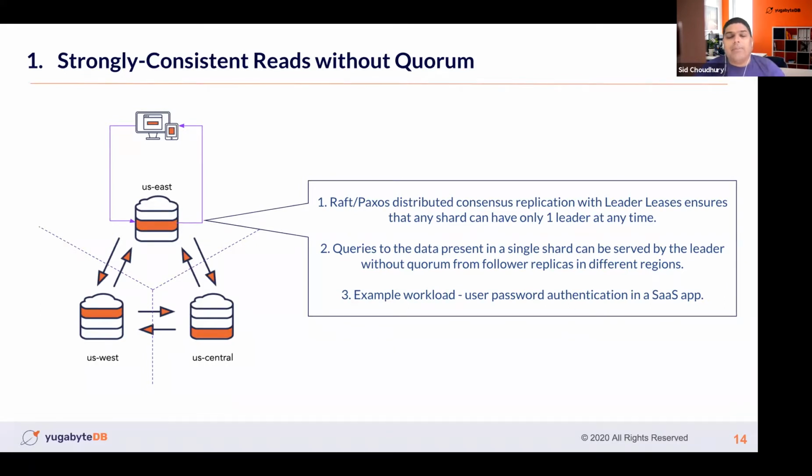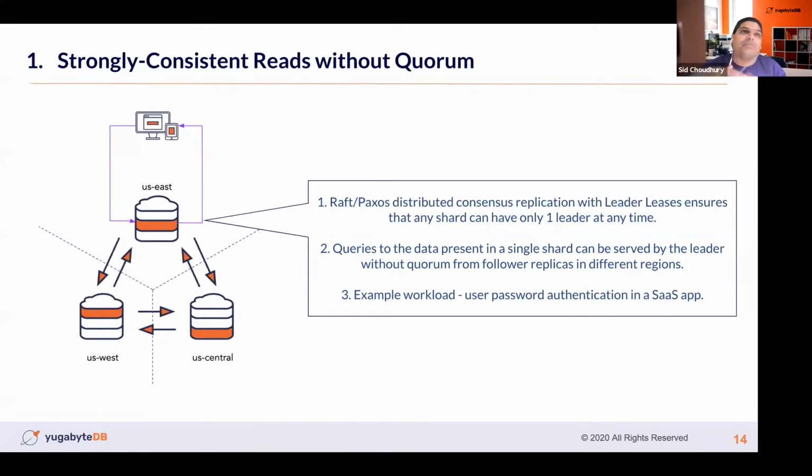And with concepts like leader leases, you are absolutely sure that for a given shard, there can be only one leader at any given point of time. The sum total of these 2 properties lets you go to the shard leader and ask for absolutely strongly consistent data, and the leader can directly serve it off its own local data without consulting any peers over the network.